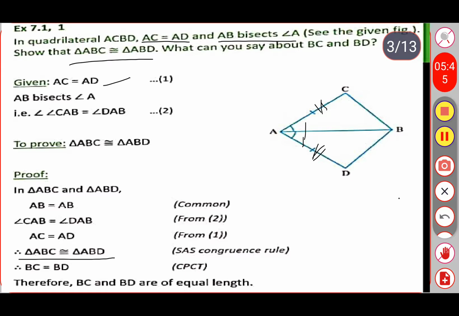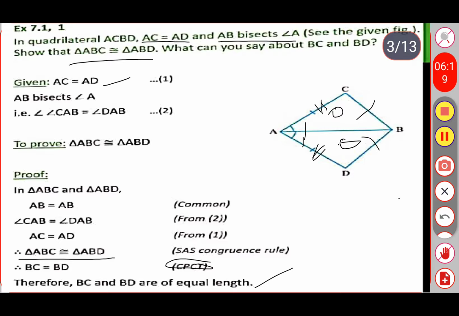Once we prove the two triangles are congruent, the remaining sides and angles of the two triangles are equal by using CPCT. What is the meaning of CPCT? Corresponding parts of congruent triangles. Therefore, BC and BD are equal. So this is the proof of the first question.